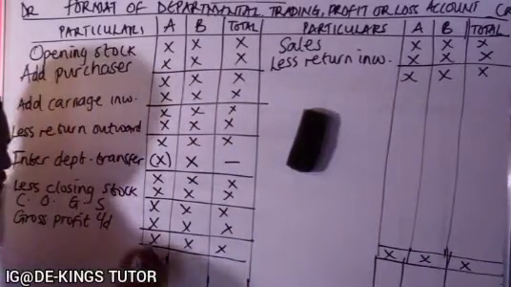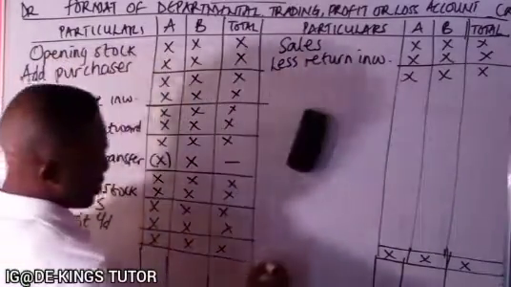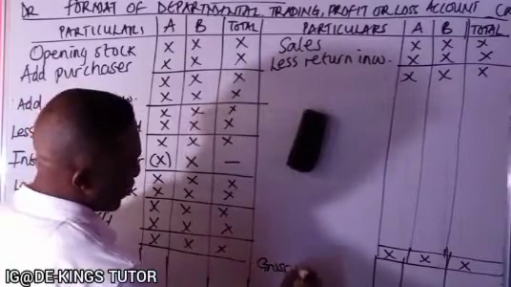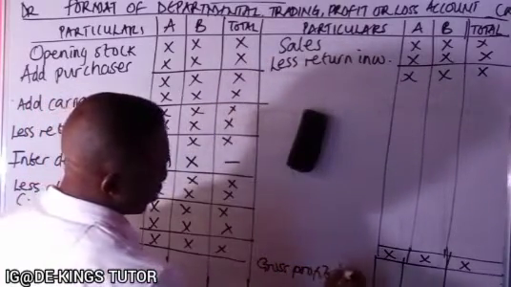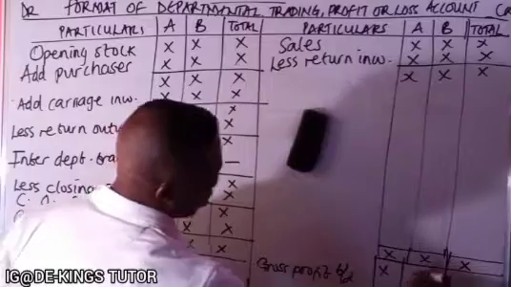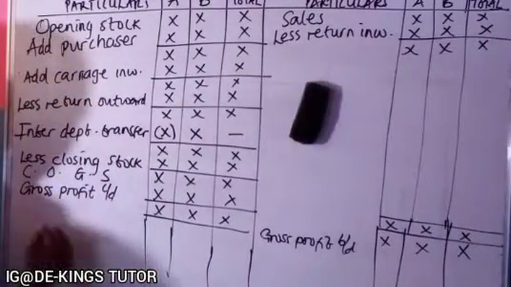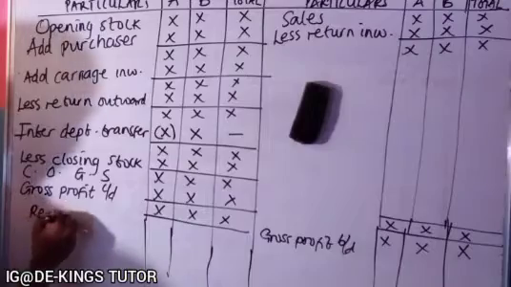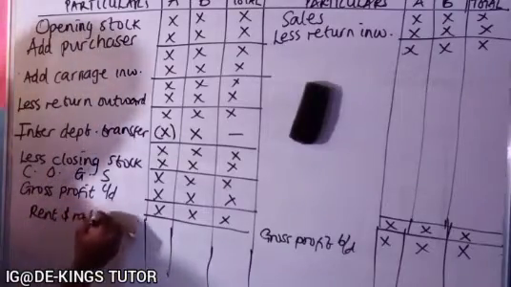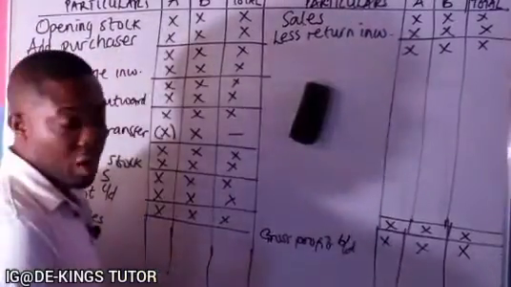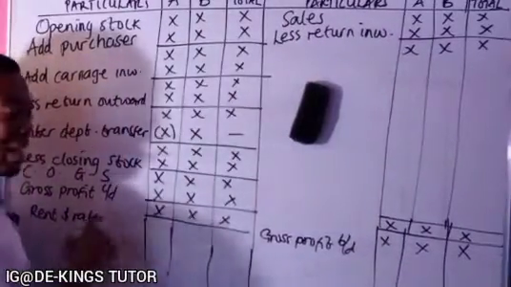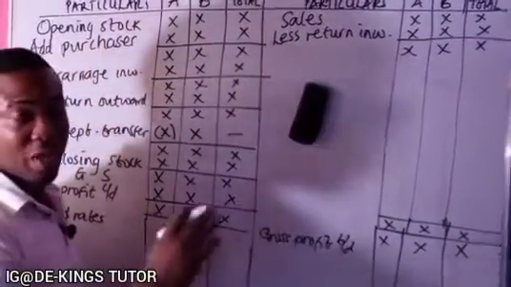Now from that, remember our gross profit, it is brought down here. So we have gross profit brought down. Now expenses will have to stay here, expenses like rent and rates. Now after it has been apportioned, because most times they'll give you when it has not been apportioned, it will come with a total figure.